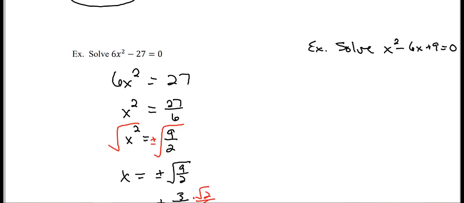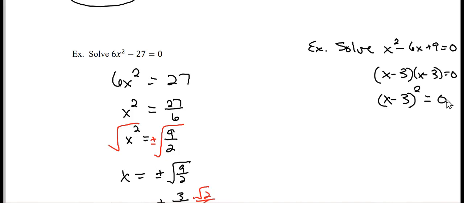Well, I don't want to move that 9 over because I have an x squared and an x term. And so I'm going to try to factor this. This does indeed factor into x minus 3 times x minus 3. Because I'm looking for 2 numbers that multiply to give me 9 that also add up to -6. So I have that. You could write that as x minus 3 quantity squared equals 0.